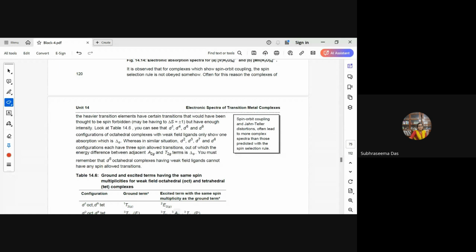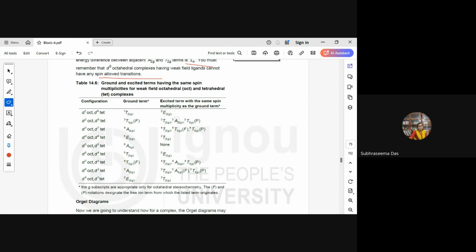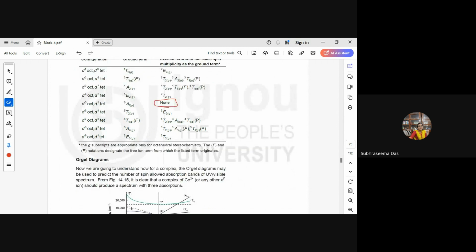If you look into figure 4.6, we see that the d1, d4, d6 and d9 configurations show very weak field ligand absorption with a value of delta O. Whereas the d2, d3, d7, d8, which have spin allowed transitions, the energy difference is also delta O. We must know that d5 octahedral complexes cannot have any spin allowed transitions.